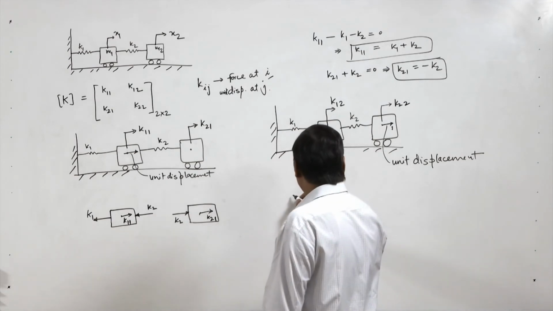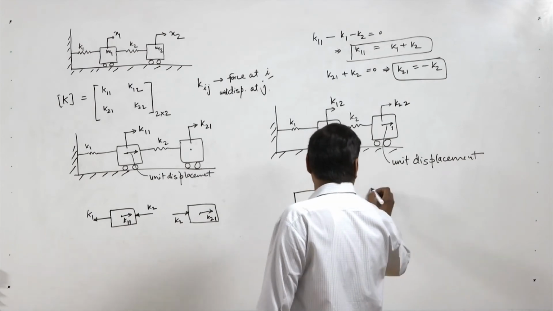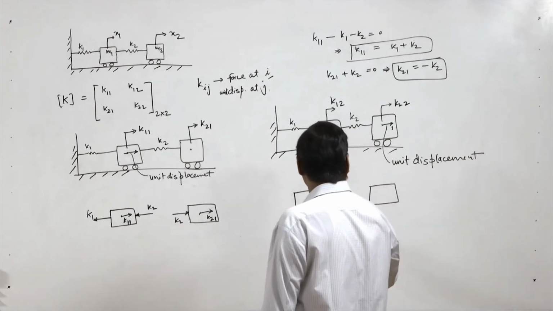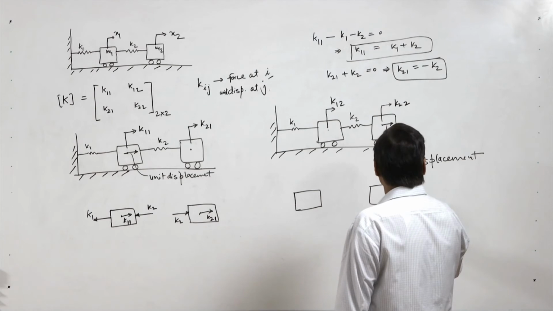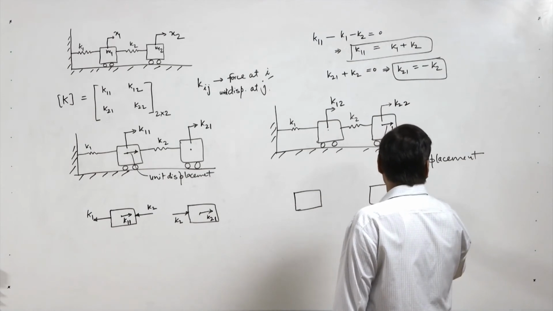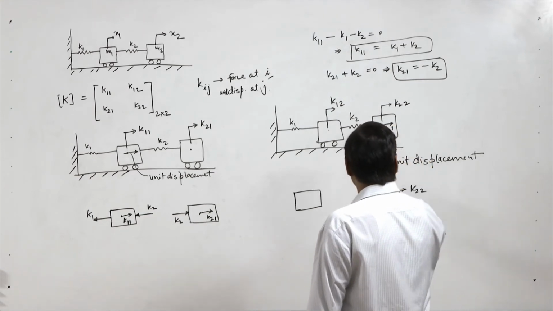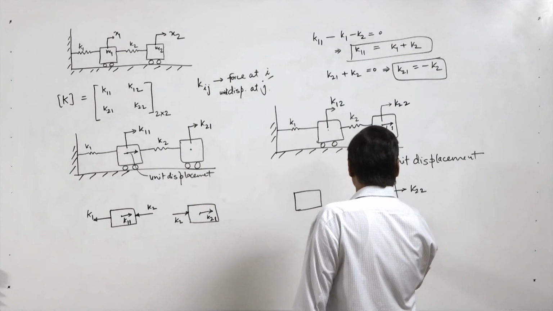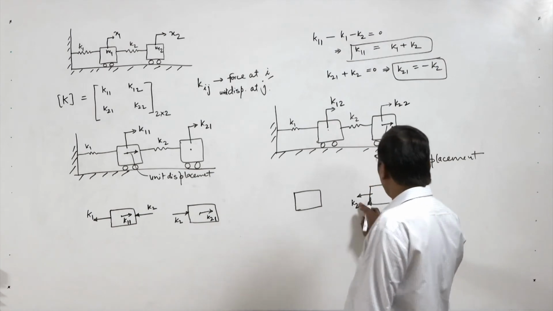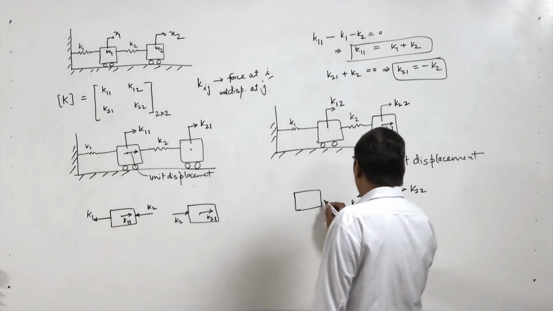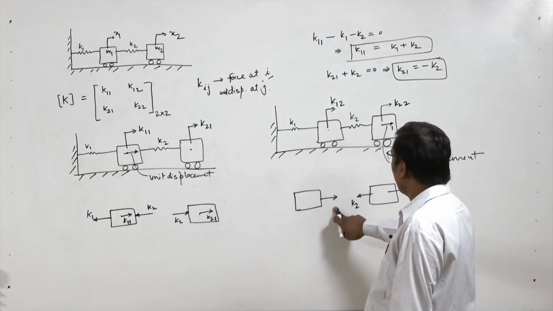Now we make the free body diagram for these two masses. So for this one we will have K22. Now we are pulling this spring, so with unit displacement this will apply a force K2 into 1, and this spring will apply the same force on this mass.